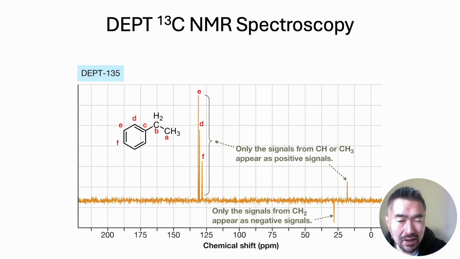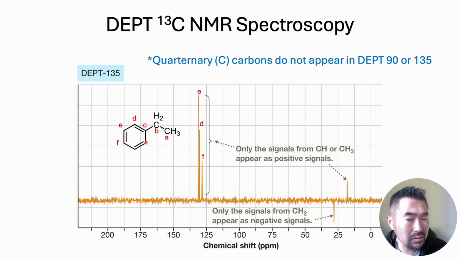Now, DEPT135 we need to look at more in depth. That's a pun. Because it shows basically everything except for quaternary carbons, meaning carbons with no hydrogens. So it shows the methyls and methines. Here's a methyl group, A, that shows up now in addition to E, D, and F. And then also the methylene, the B carbon, which is down here.